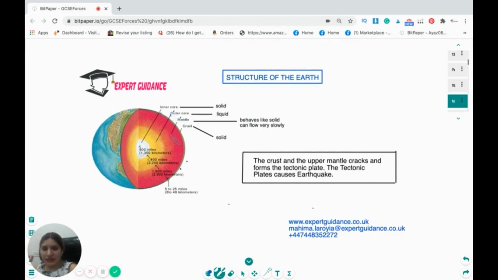Then we have the mantle, then we have the crust. Okay, so the inner core is solid, the outer core is liquid. The mantle behaves like a solid, but can flow very slowly, and the crust is completely solid. So the crust and the upper mantle crack and form tectonic plates, and these tectonic plates cause earthquakes.